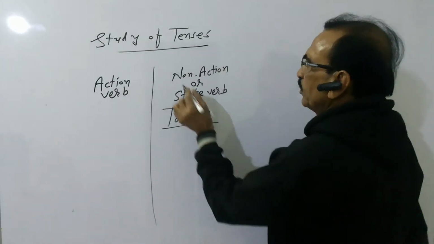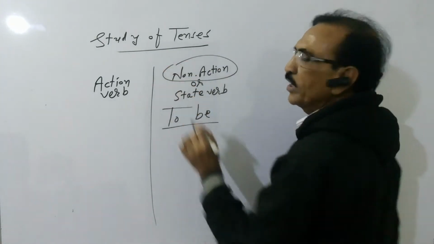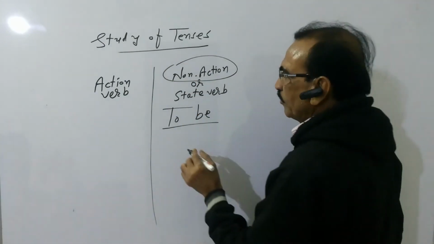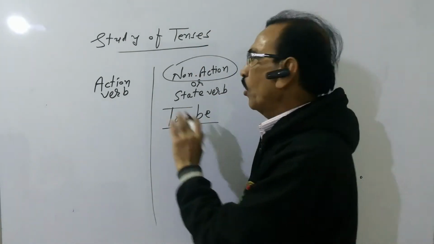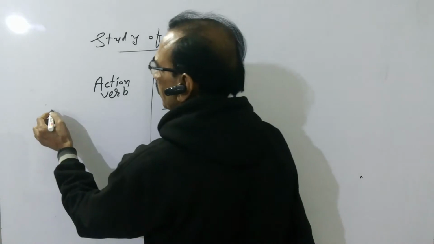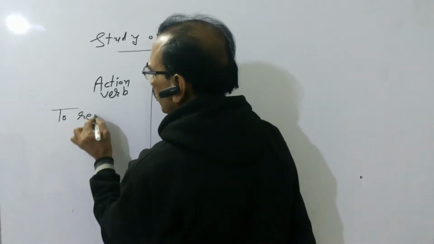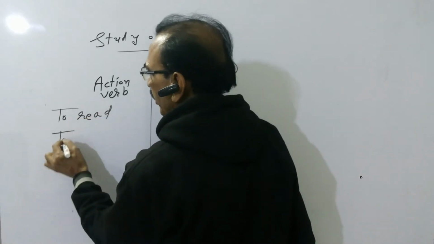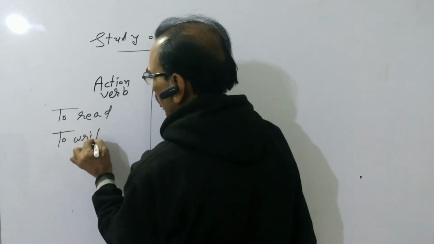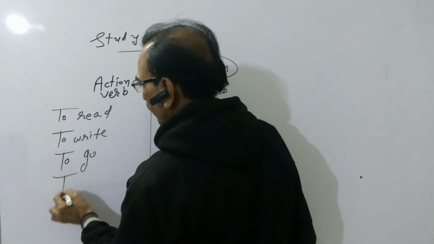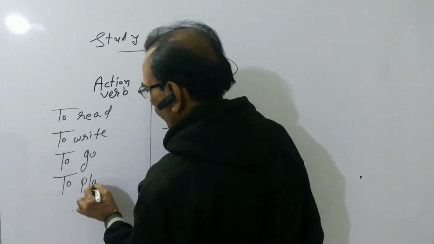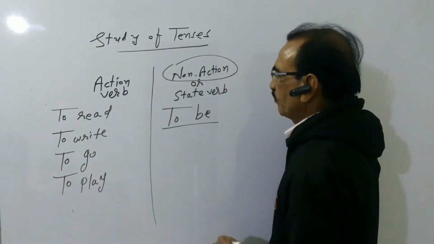The to be verb is considered non-action in the English language. Except to be, all the verbs are action verbs, like to read, to write, to go, to play. These are action verbs.